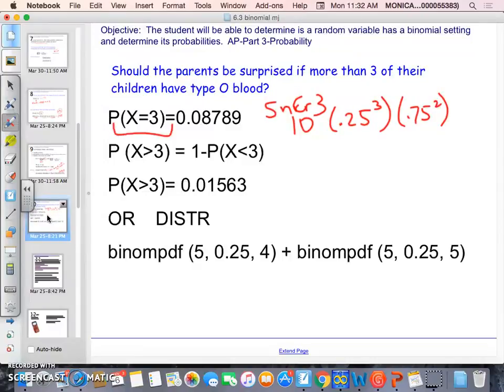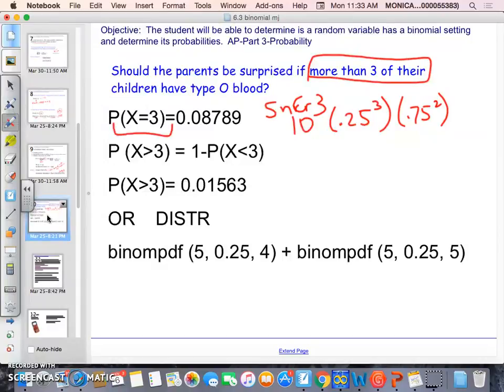When you type all this in your calculator, you end up with 0.08789.